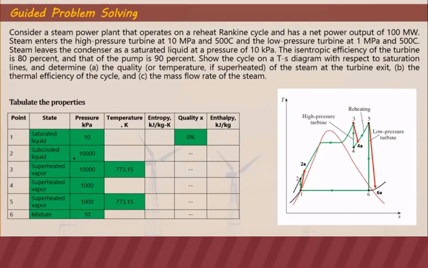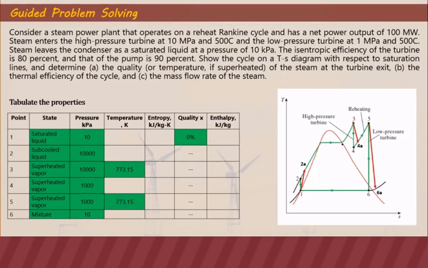Point 3 is in the superheated vapor region. That's why it's superheated vapor at 10 megapascal, and the temperature is given as 500 degrees Celsius, that's 773.15 Kelvin.